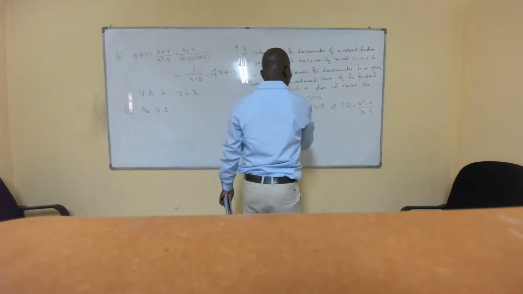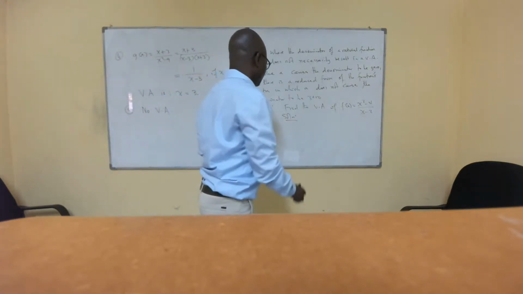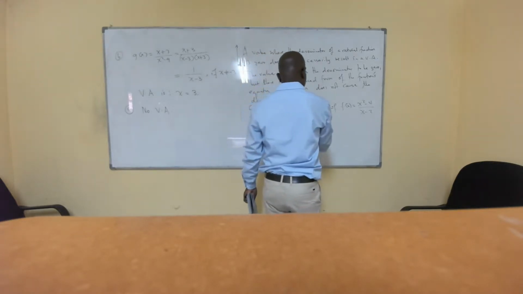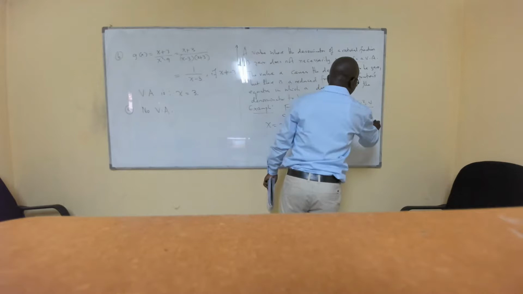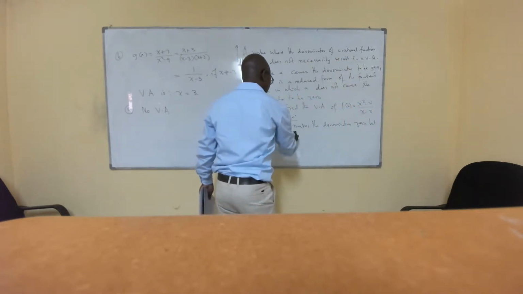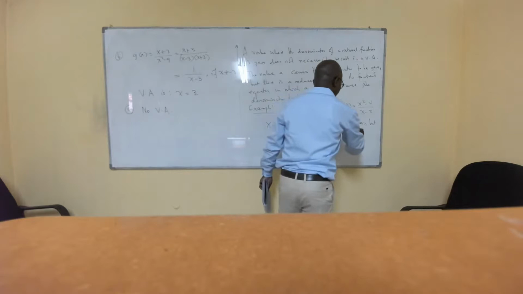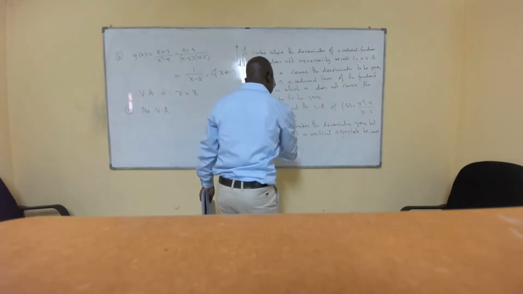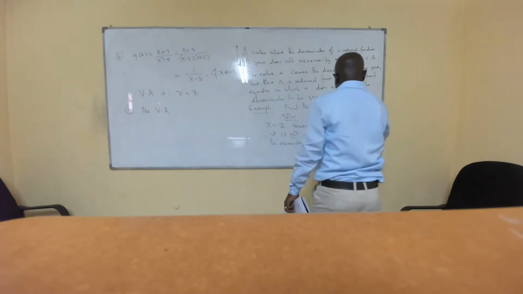Solution: x equal to 2 makes the denominator 0, but it is not a vertical asymptote because the numerator is also 0 at this point.